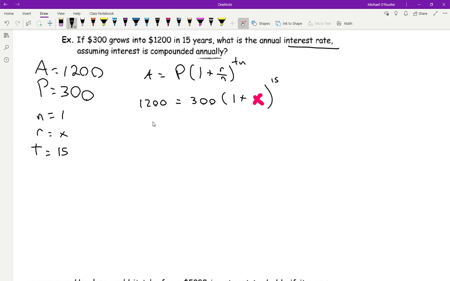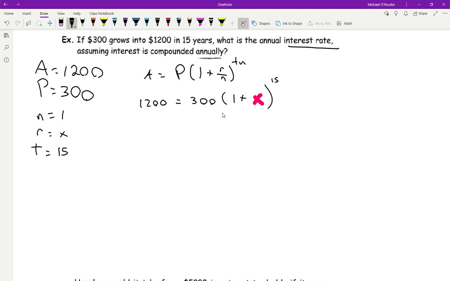So now, I need to solve for that x. So I need to isolate it. Can someone tell me my first step I'm going to do? Can we take a guess at it? I need to isolate that x, so I need to move everything over to the other side, sooner or later. Good, you need to get rid of the 300.